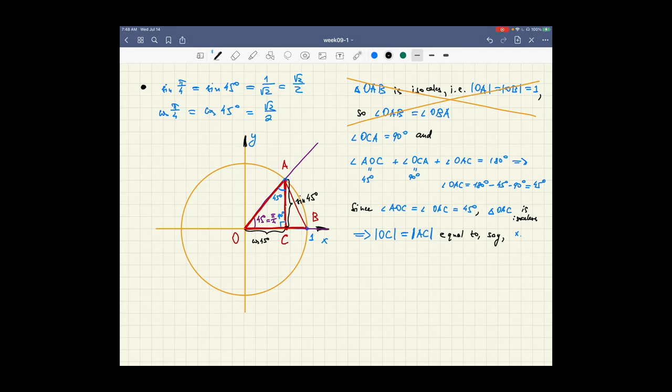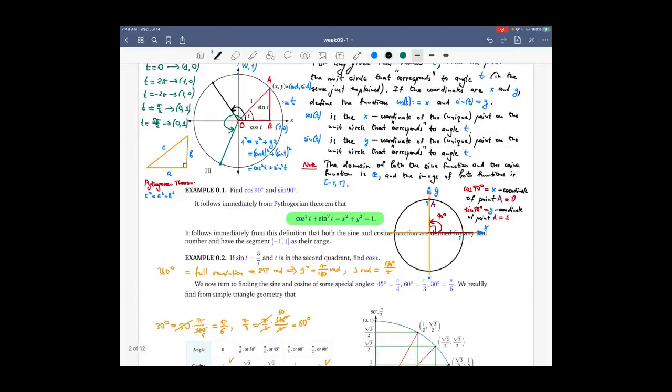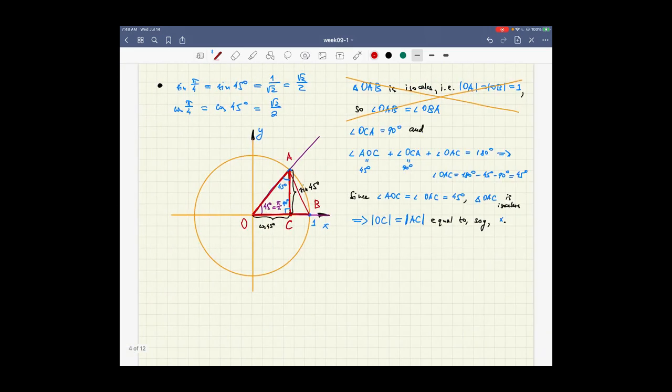Then we can apply the Pythagorean theorem or the basic trigonometric identity to this situation.